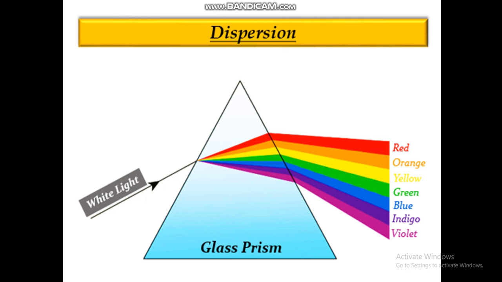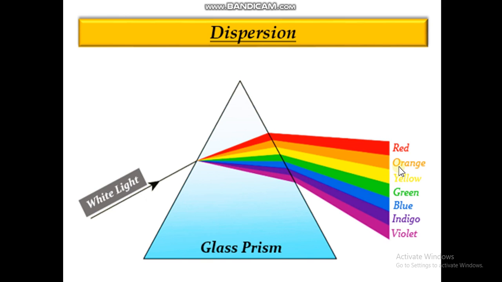Here you can see the white light, when it enters a glass prism, splits into 7 constituent colors. What are those 7 constituent colors? They are red, orange, yellow, green, blue, indigo and violet. These 7 colors are also seen in our rainbows, as VIBGYOR, that is violet, indigo, blue, green, yellow, orange and red.